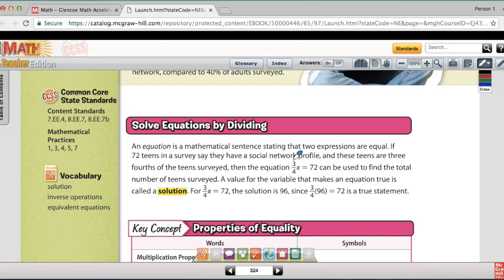And notice right here we have 3/4 times a number is equal to 72. Well, to isolate the variable, we are going to get rid of this 3/4 by dividing by 3/4. But that looks a little bit different to have 3/4 x equals 72.